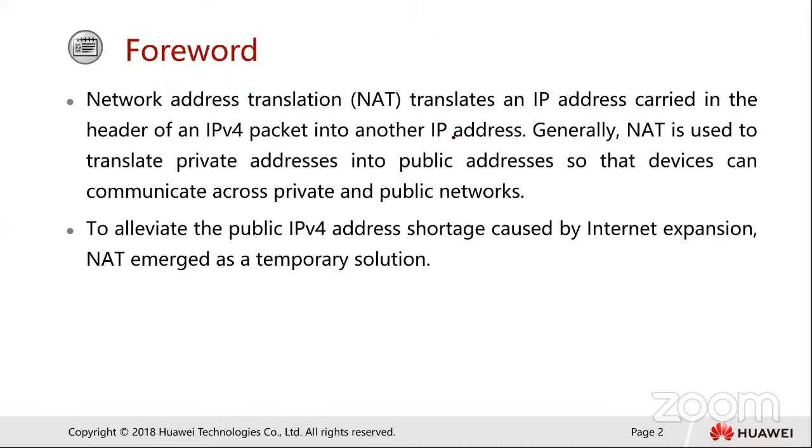Generally, NAT is used to translate private addresses into public addresses so that devices can communicate across private and public networks. To alleviate the public IPv4 address shortage caused by the internet expansion, NAT technology emerged as a temporary solution.